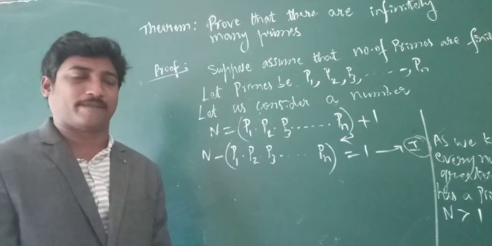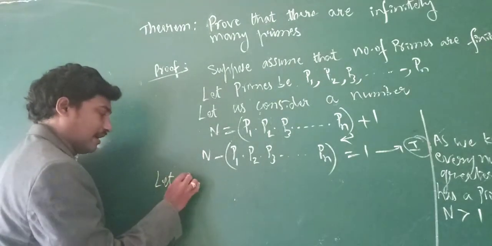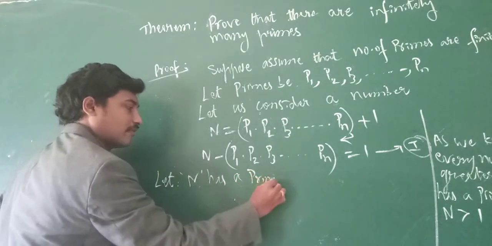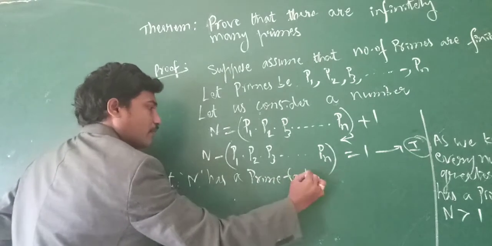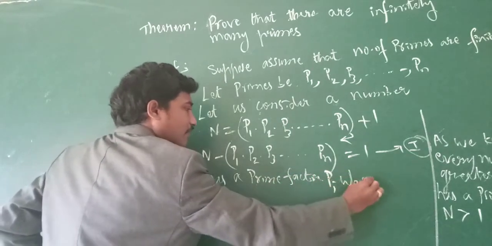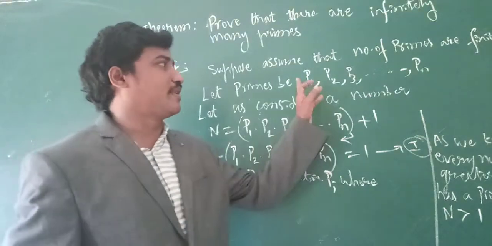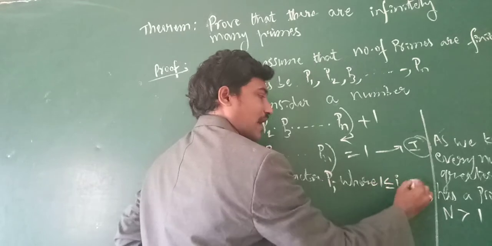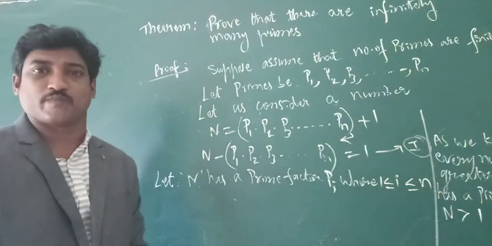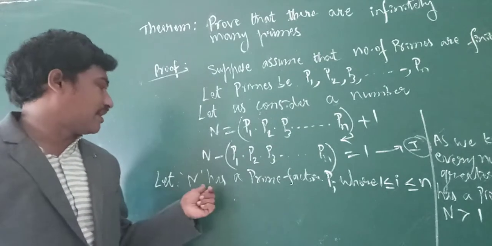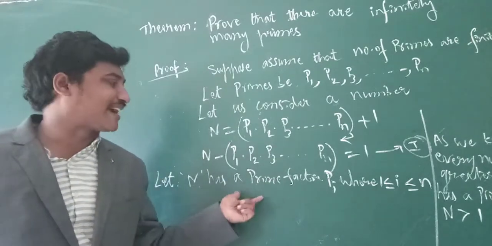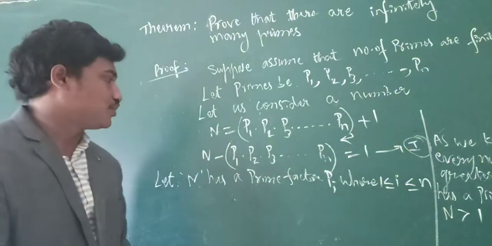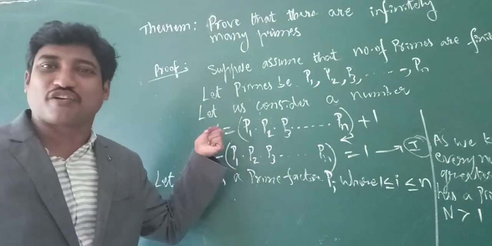Let N have a prime factor Pi, where 1 is less than or equal to i less than or equal to n. So Pi is a factor of N.